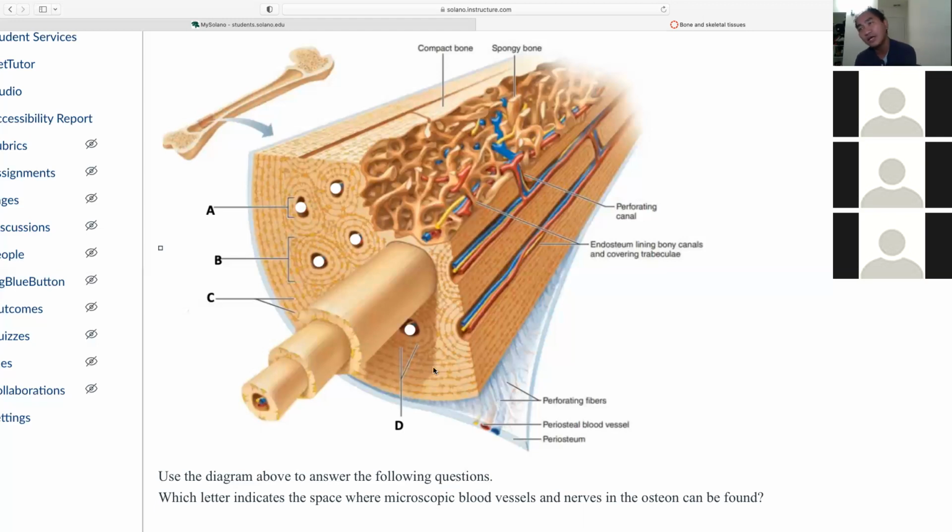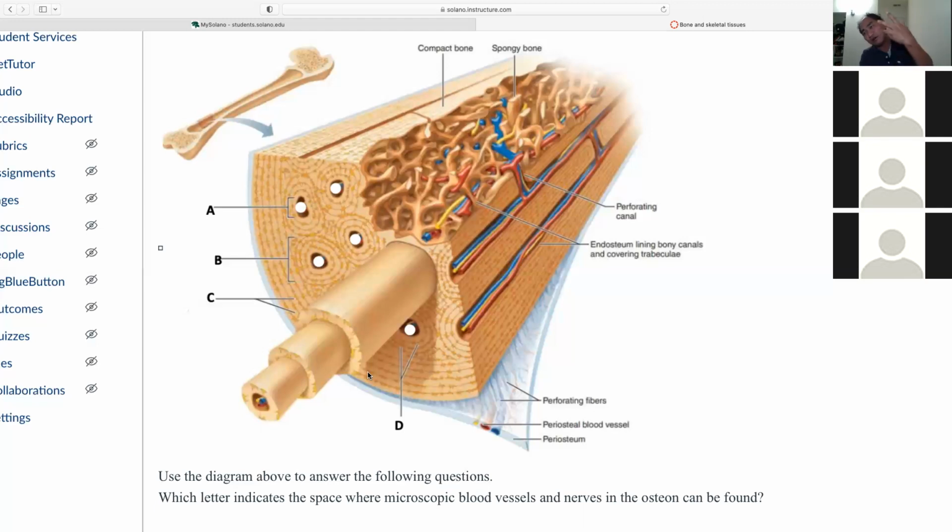Therefore, we call it circumferential lamellae. And D is just around the osteon. Therefore, I will give it interstitial lamellae. And C is circumferential lamellae.